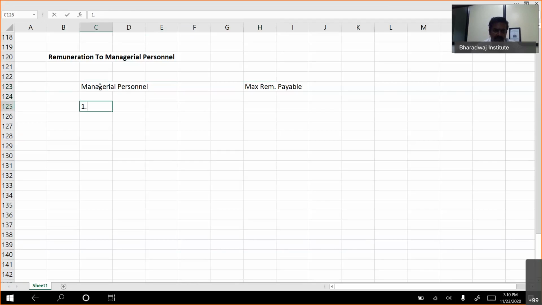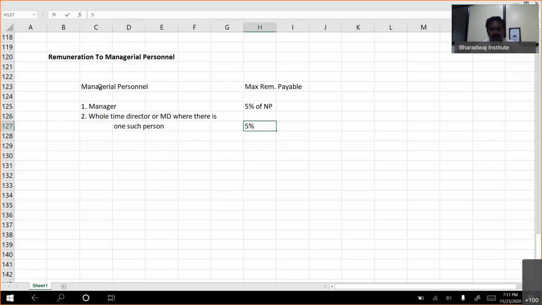Number 1, a person who is titled as manager, normally general manager of the company: 5% of net profit. Number 2, a whole-time director or MD, where there is one such person: you will pay 5% of net profit.